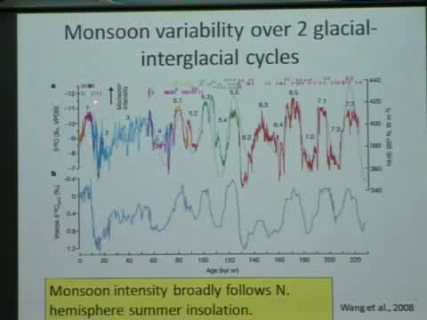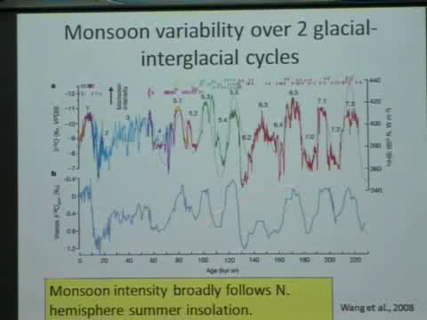This is dominantly showing the 23,000-year precession cycle in the monsoon, which is as expected for low and mid-latitude regions, where changing the amount of radiation falling in the northern hemisphere summer due to changes in the Earth's orbit will directly influence the monsoon, because it directly affects the temperature gradient and the pressure gradient. So during high insolation, we get strong monsoons. Low insolation, we get drier monsoons.